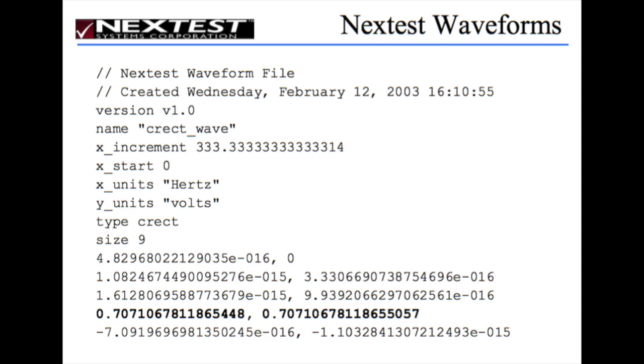And so here we have two parts, right? 4.8 blah blah blah and 0. 1.0. Look at the next one here. 0.707, 0.707. That is the fundamental right there. So it's in sine and cosine amplitudes.